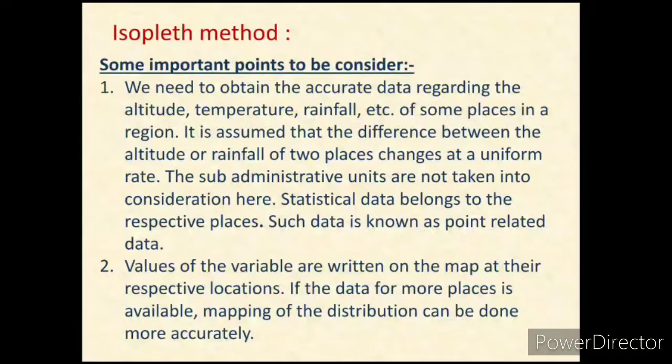Values of the variable are written on the map at their respective location. Right now we have seen the map, the isolines were shown there and the values were mentioned there, 1300, 1200, like this. If the data for more places is available, mapping of the distribution can be done more accurately.